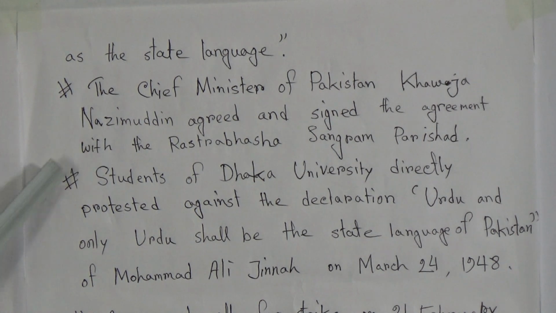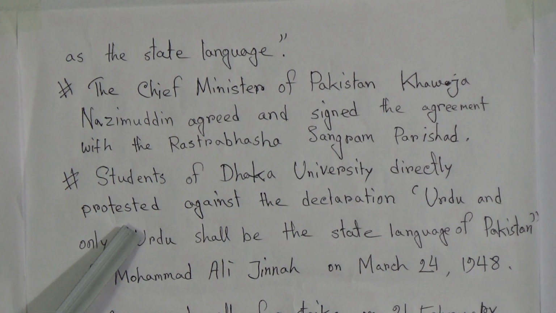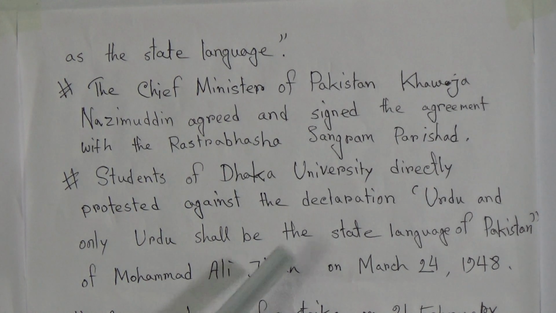So he momentarily agreed, but the problem arose again when Muhammad Ali Jinnah, the Governor General of Pakistan, declared in a public meeting that Urdu and only Urdu shall be the state language of Pakistan.